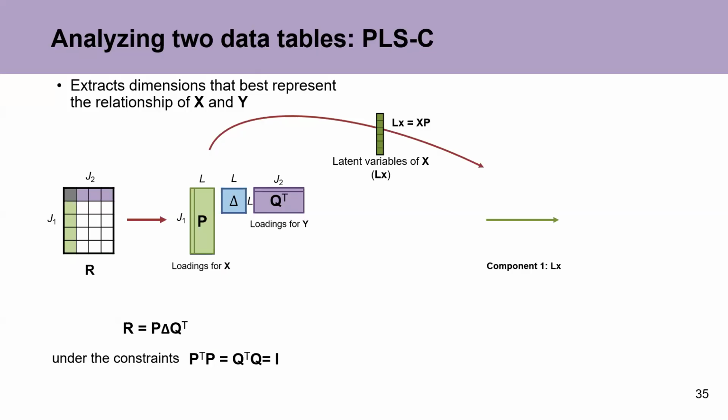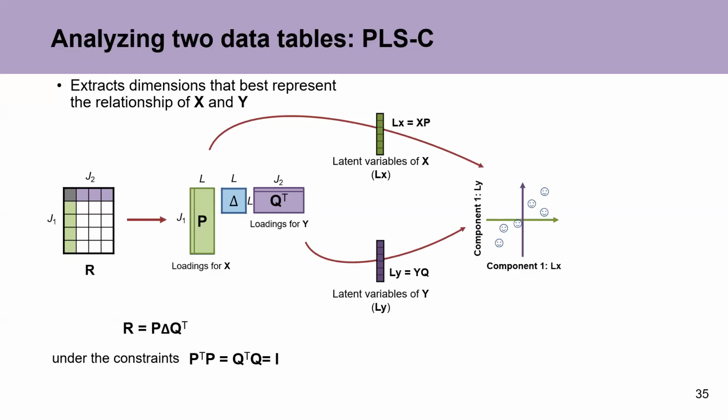Now I take the first component of my loadings Y, multiply by my original variables from the Y table to get the linear combination that gives me the latent variable of Y. And when I plot them together, I will see that space.